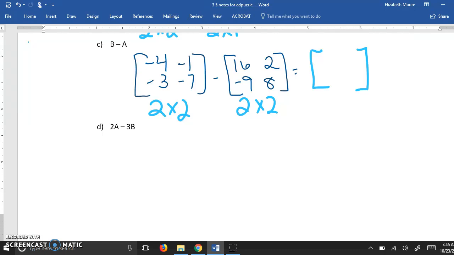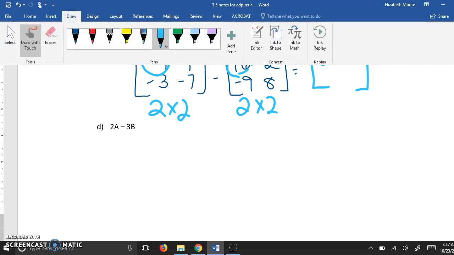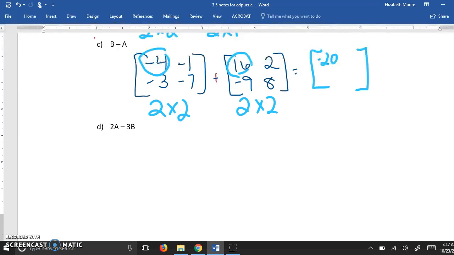With subtraction, we're just going to subtract the corresponding elements, which you can either do like the -4 minus 6, and of course we would get -20. Or sometimes what I like to do is use the subtraction rule of adding the opposite. So I'll change that to the adding sign and then change these to the opposite.